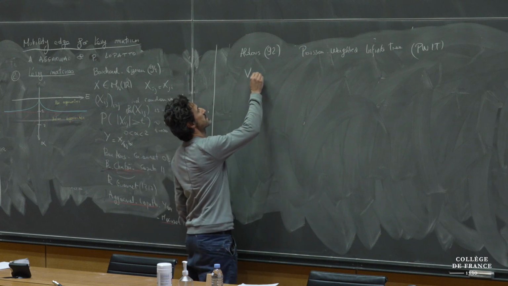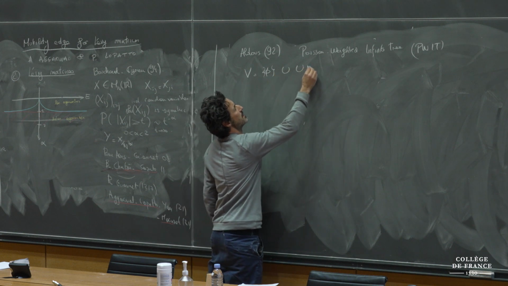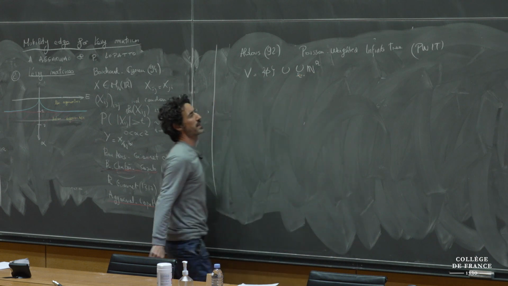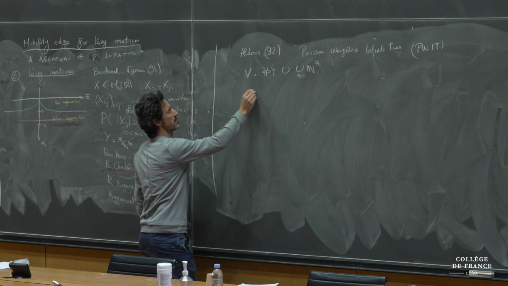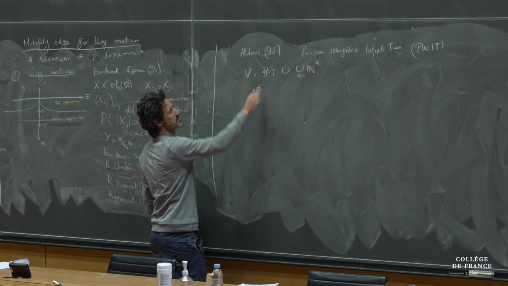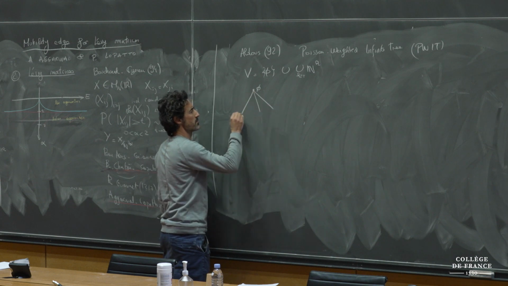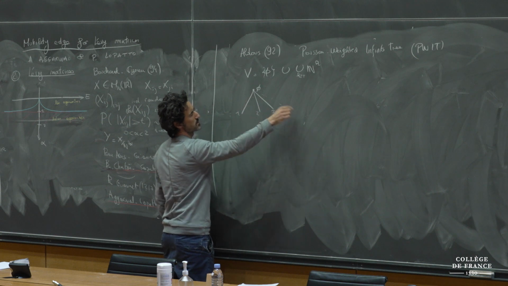So its vertex set, you can use Neveu's notation and define its vertex set to be the set of finite integer sequences. The root is the empty sequence, which I will denote by O. Its neighbors are all sequences of length 1, so just regular integers.